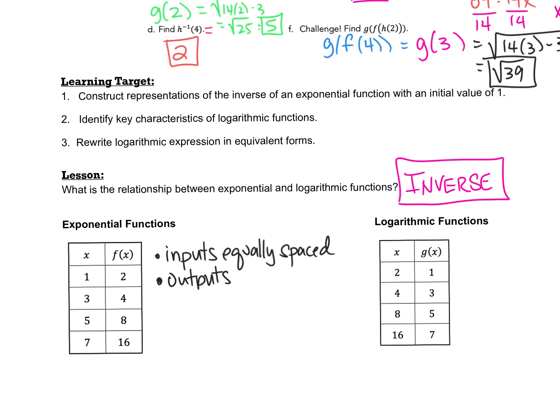And then what about our outputs? How are we getting those y values? We're multiplying by 2. So we say the outputs are multiplicative, meaning we're just multiplying by something. That's a good word, though. That's an SAT word. They are multiplicative.